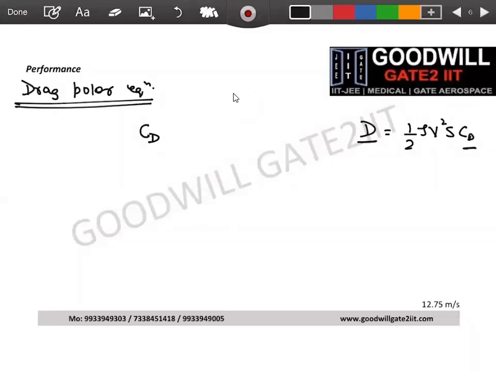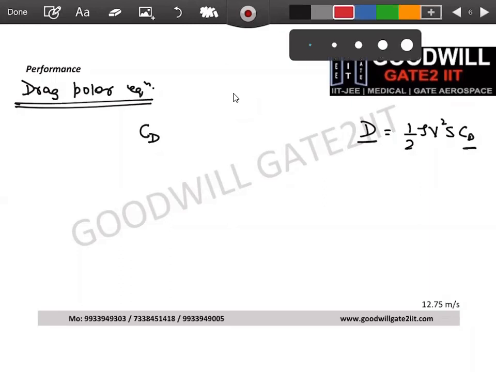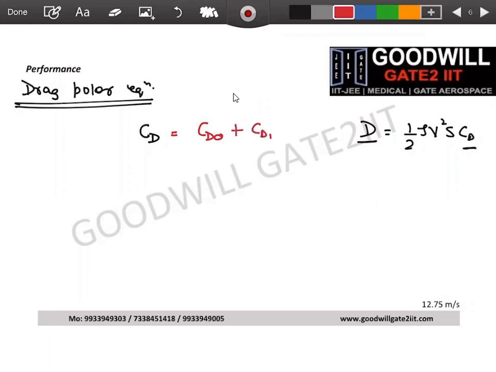Now, if you zoom into this drag polar, it consists of two parts. One is your profile drag, or to be very precise, people call this the zero lift drag coefficient. I'll explain this term. The other one is referred to as induced drag. I don't expect that you know both these terms, which is perfectly fine. Now we're going to understand this part.